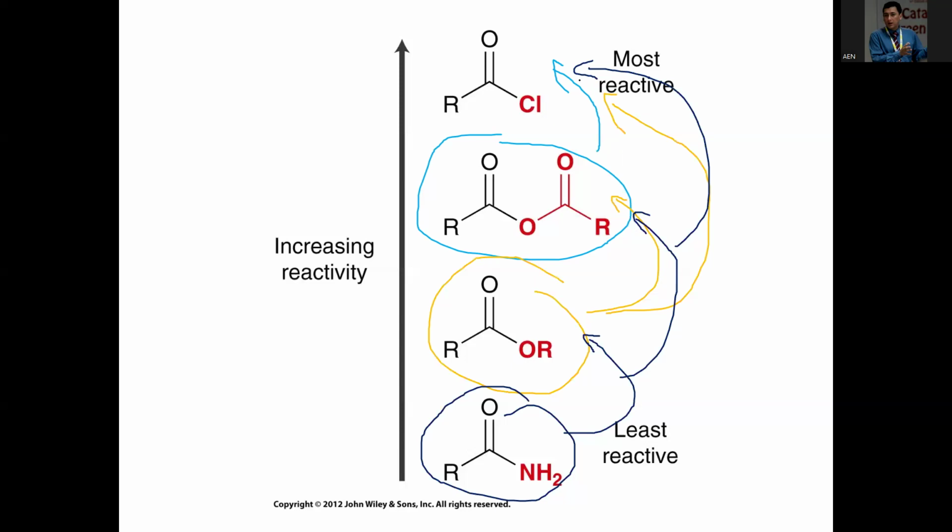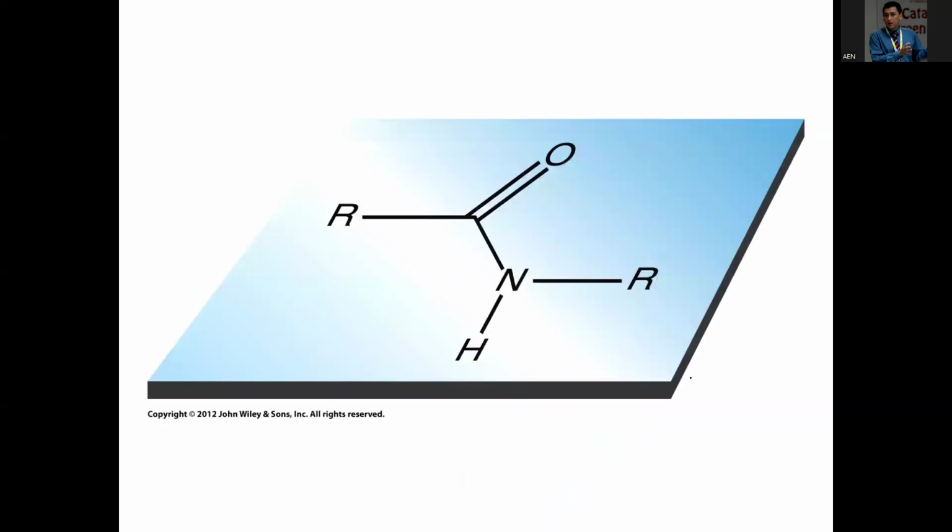So that means that for halides, you're going to have a lot of reactions, maybe a little bit less for the anhydrides, less for esters, and way less for amides. Right? Why less for amides? Because they are the most stable. Of course, they don't have that many reactions. Okay, so are you guys ready for the amide, the most stable, and the stability of the amide, really? I mean, if you guys want to find out, right?